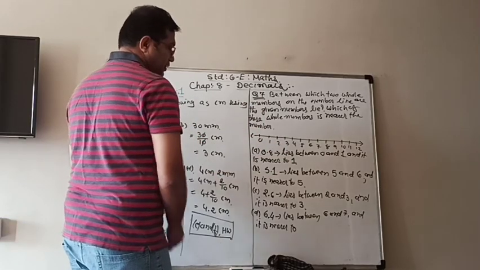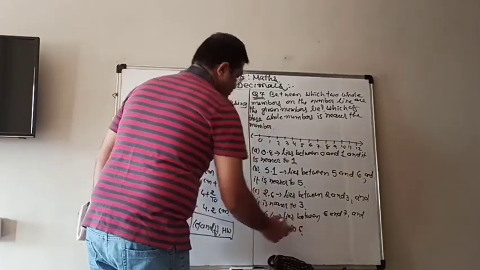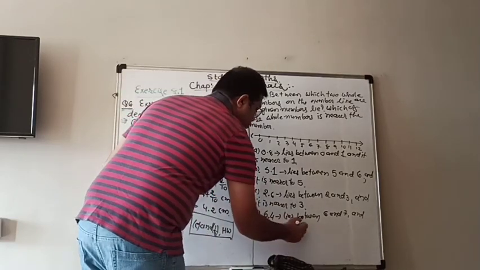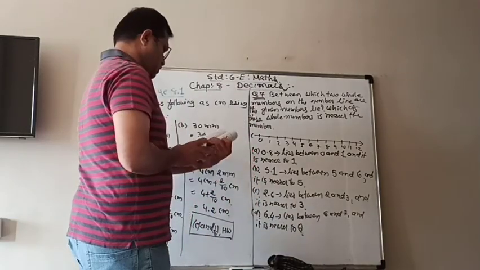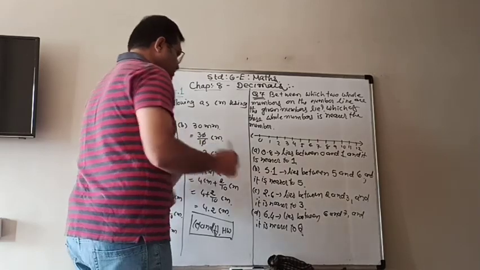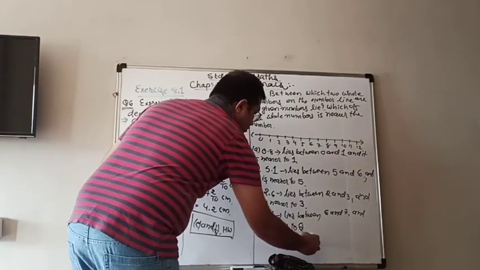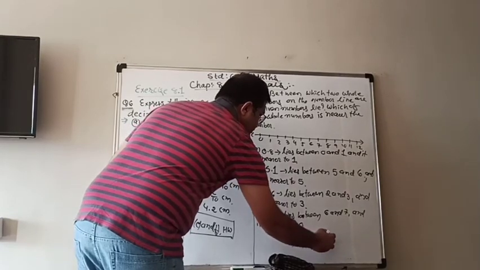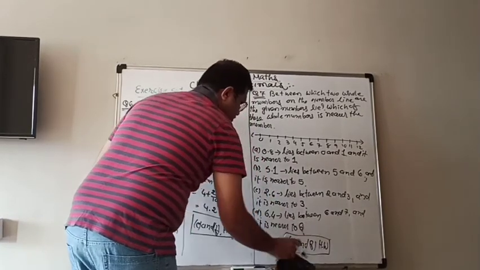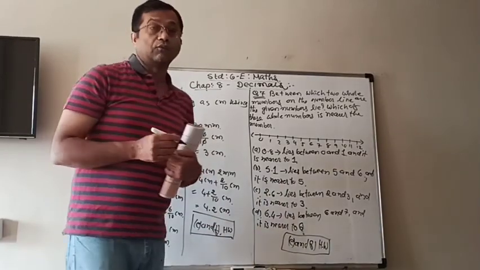This side it will be near to 6. So it will be nearer to 6. So here also E and F you will write down in your homework.